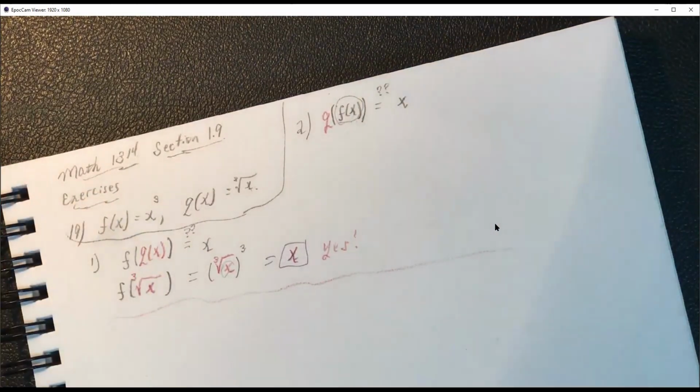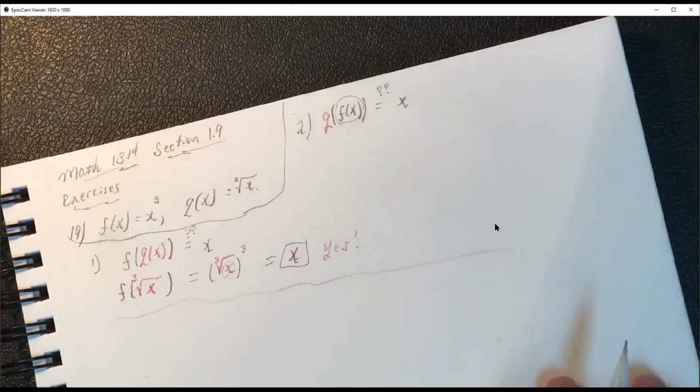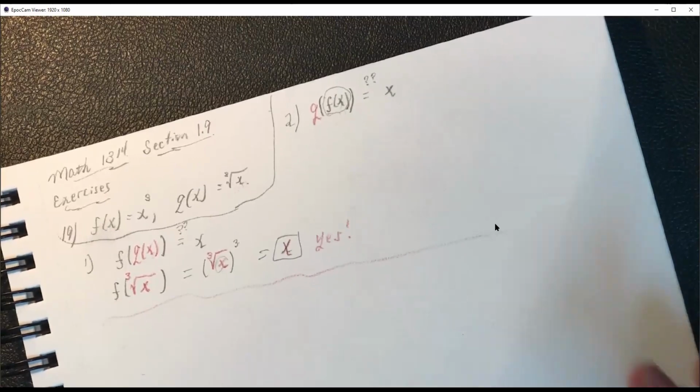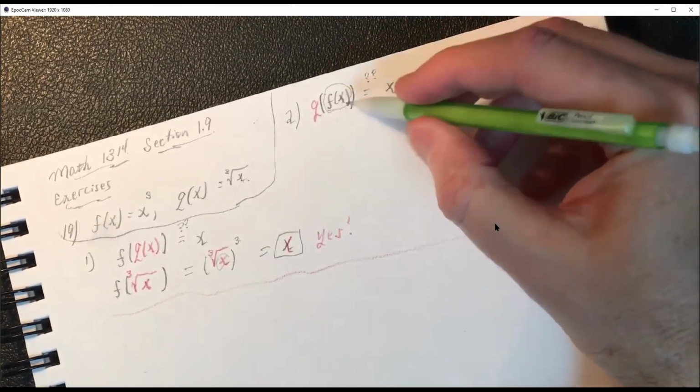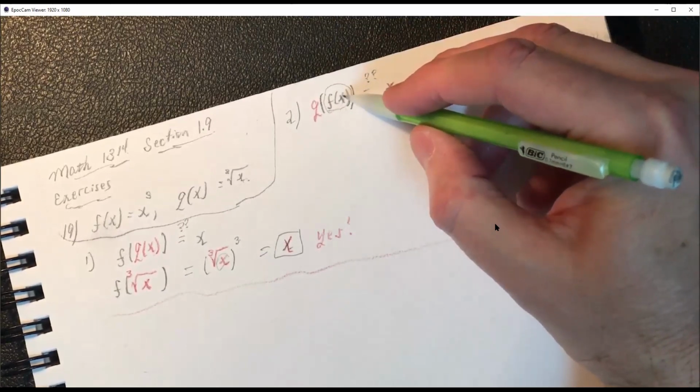But we're doing this for any general x value.